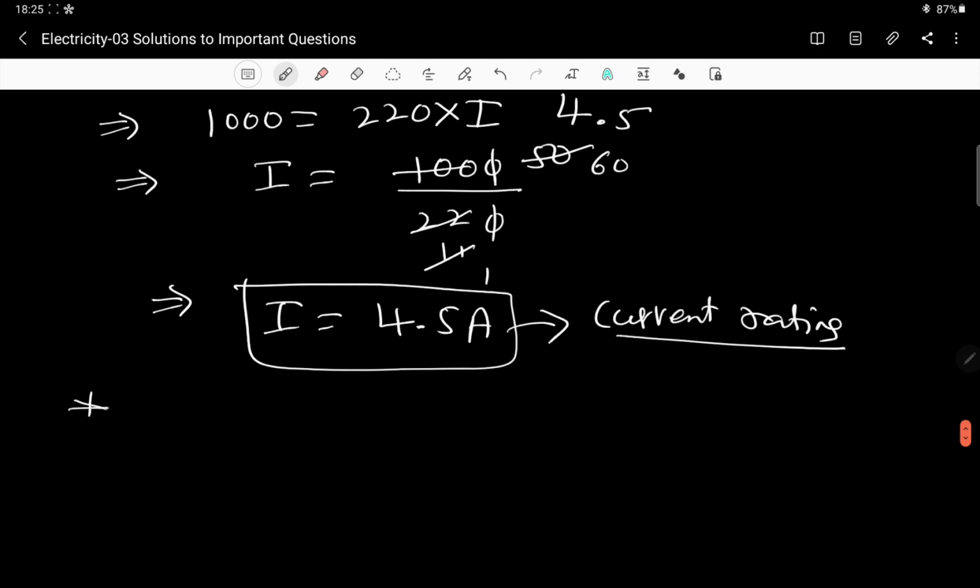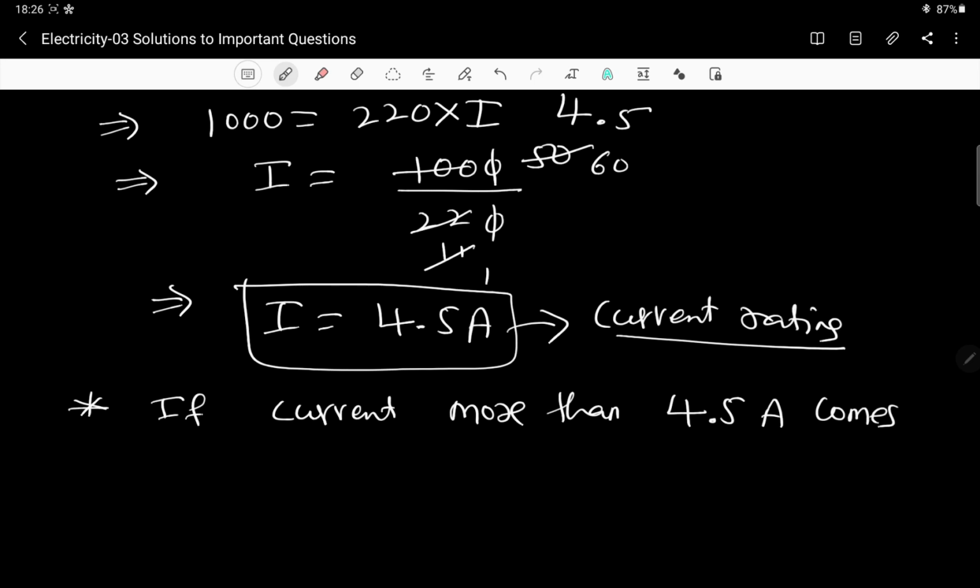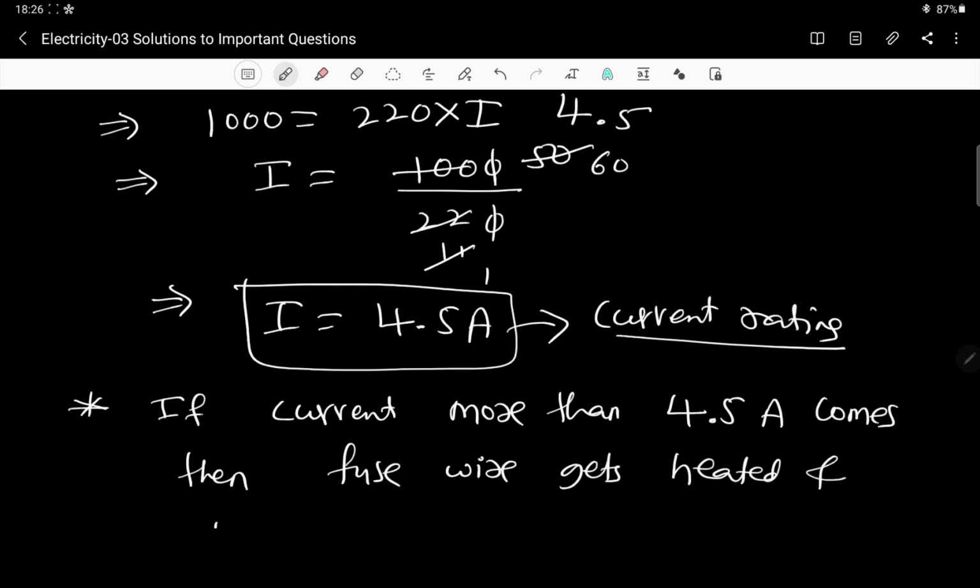So if current more than 4.5 ampere comes, then the fuse wire gets heated and melts.